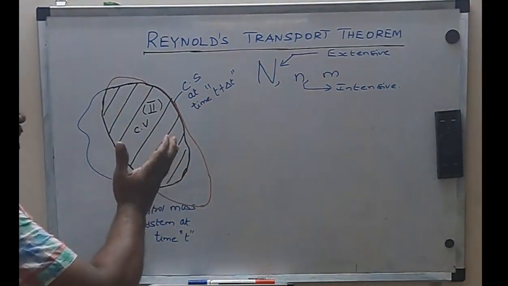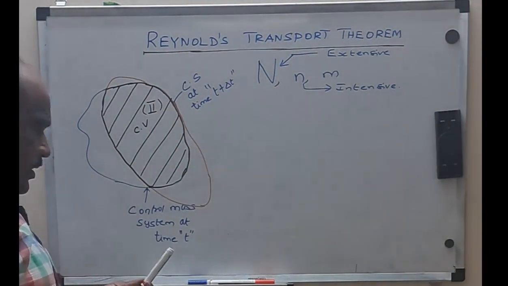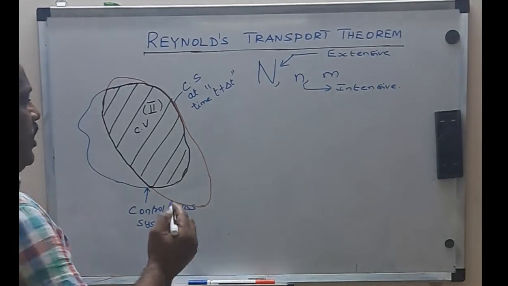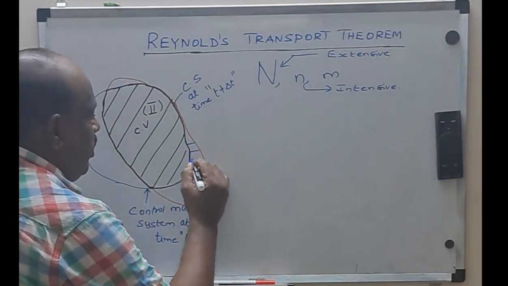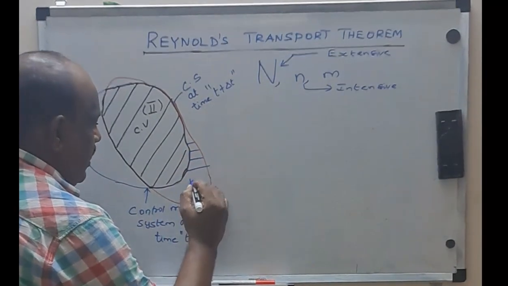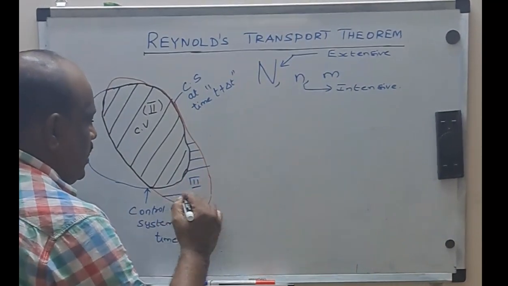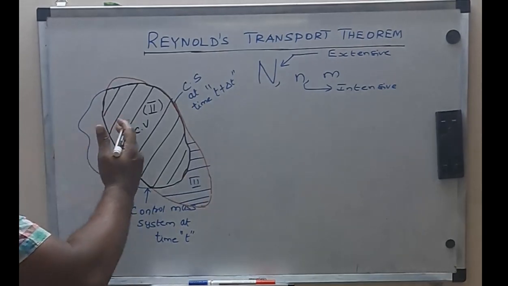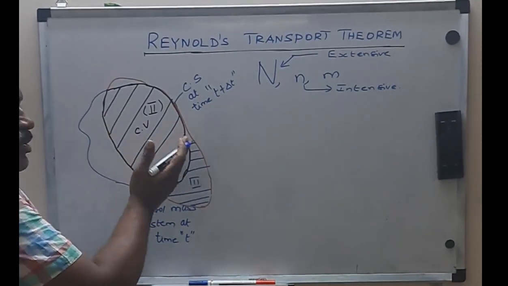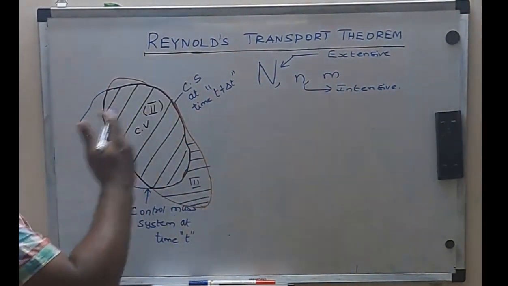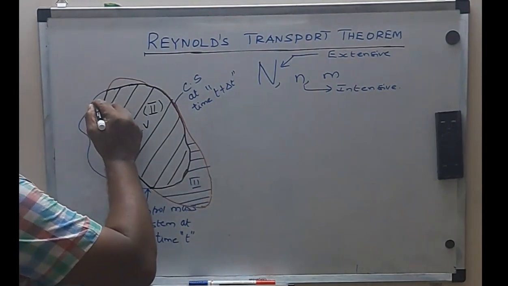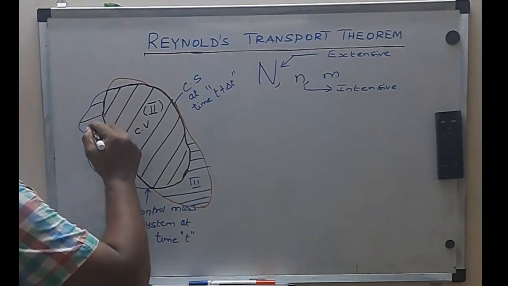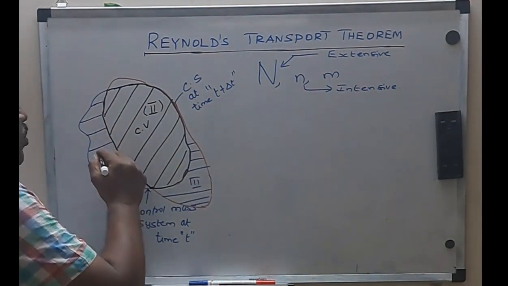And the region from which the flow happens outwards, the outflow from this domain, let us call this particular domain as domain 3 or region 3. Similarly, the region coming inside the control volume, let us define that particular domain as region 1.